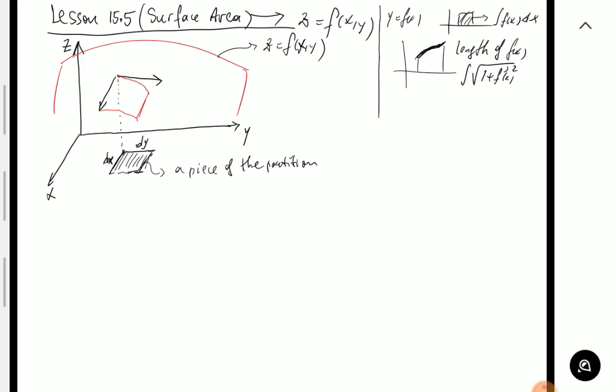Oh, by the way, just going back again to calculus 1, you could visualize the way we actually derive that quantity 1 plus f prime squared under the radical by looking at a piece of the graph corresponding to a change in x, to a change in y, and approximating in that case the length of the graph with the actual slope of the tangent. Right?